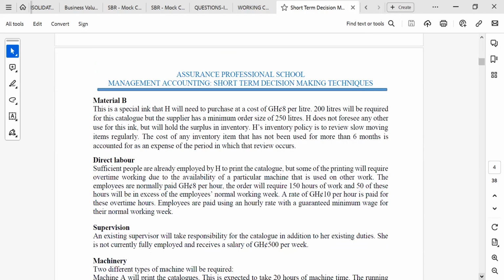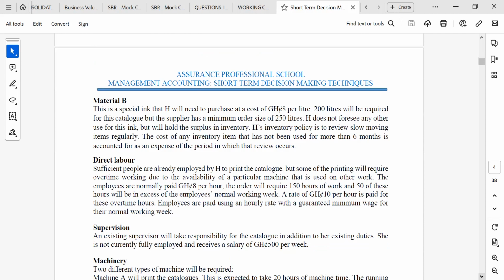Direct labor. Sufficient people are already employed by H to print the catalog, but some of the printing will require overtime working due to the availability of a particular machine that is used on other work. The employees are normally paid 8 cedis per hour.